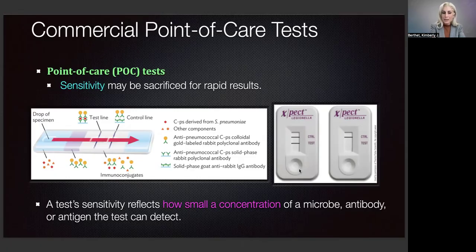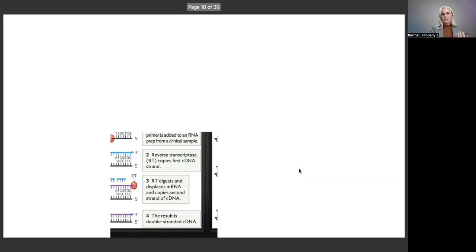So the problem with the point of care tests, though, is that their sensitivity is not great. Let's say you just got infected with COVID and you take one of these at-home tests, and let's say someone else just got infected as well and did a qPCR test. Well, the qPCR test might show a real positive, but the point of care test, on the other hand, might come back with a negative because it's not sensitive enough to pick up that minuscule amount of the virus, where PCR, we saw, can pick it up from very low numbers.